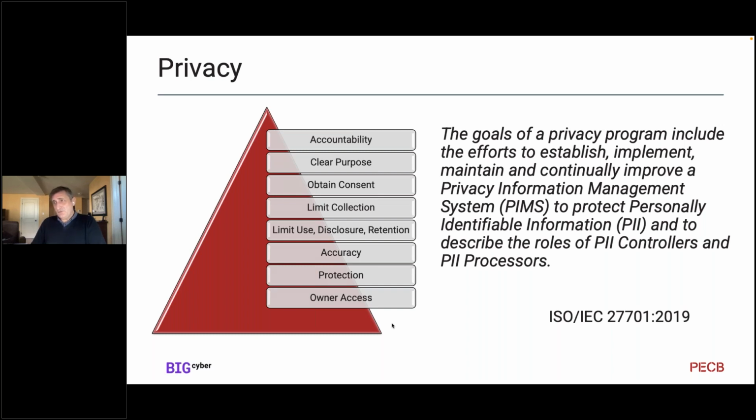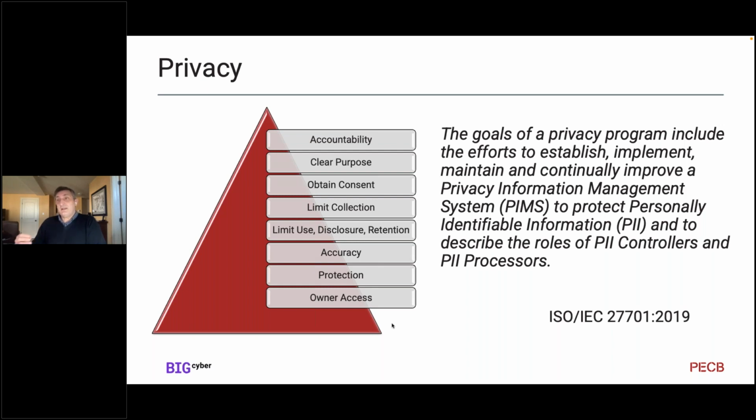Accountability, so making sure that your organization is accountable for the information they are custodian of, whether they're a processor or not. If you're holding data or you're transferring data across your systems or you're processing data, you're accountable for that information. A clear purpose for the information you do collect is important as well.